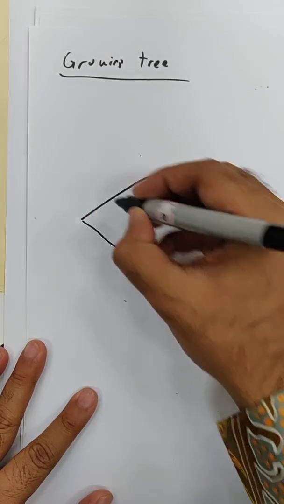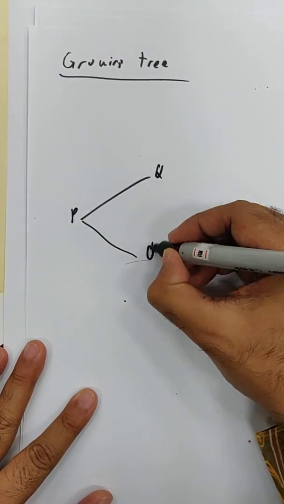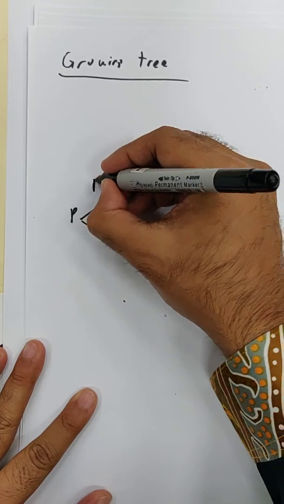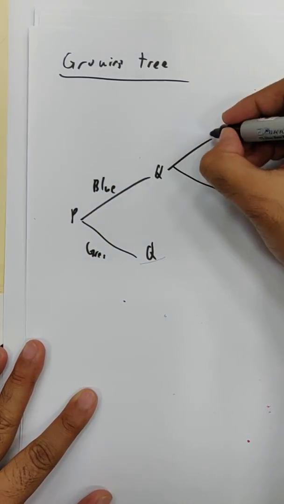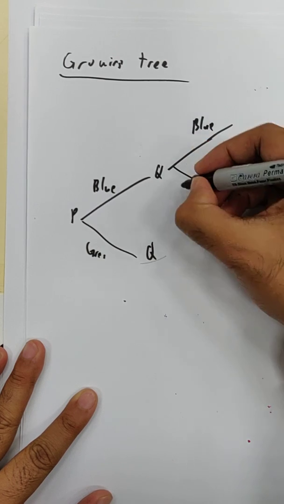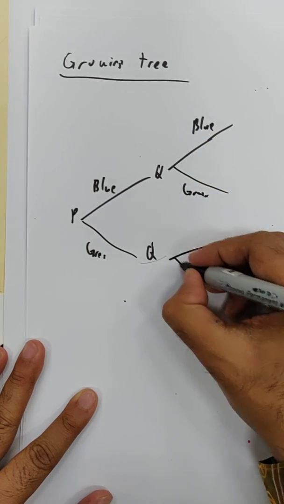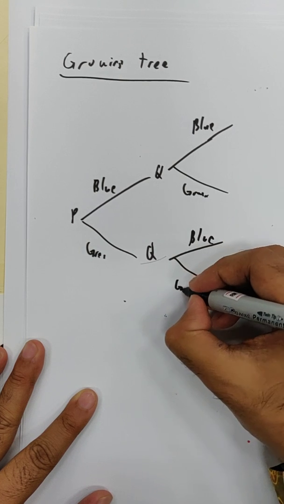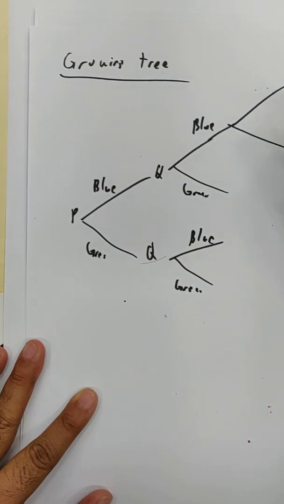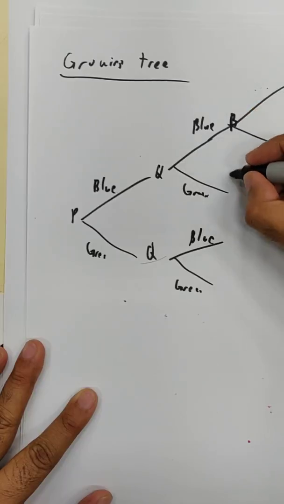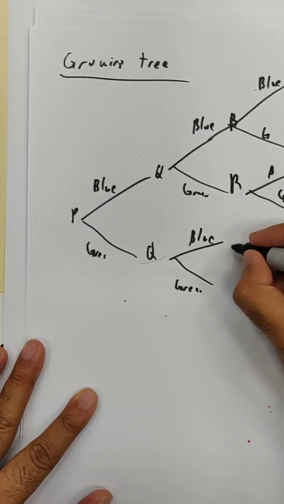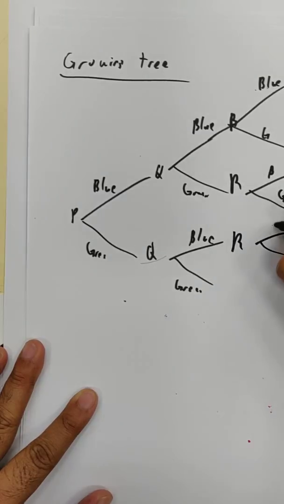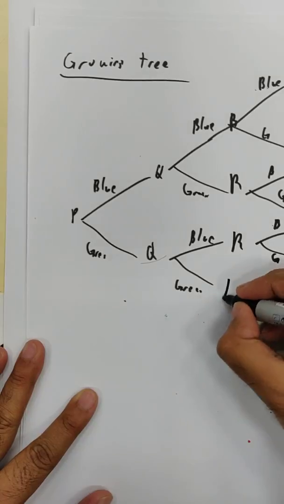So I can say here is P. P gives me blue or green. Then Q gives me another blue or green. Then R gives me another blue, green. Running out of time.